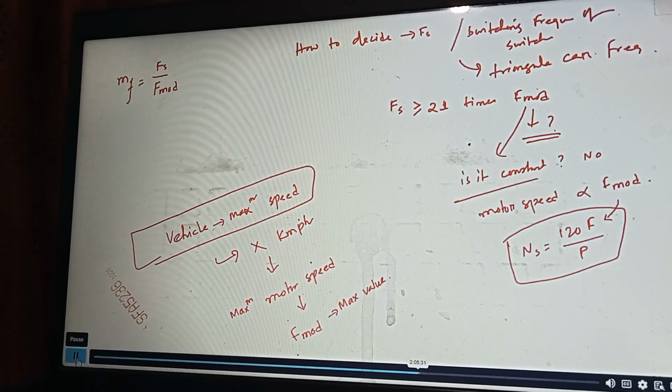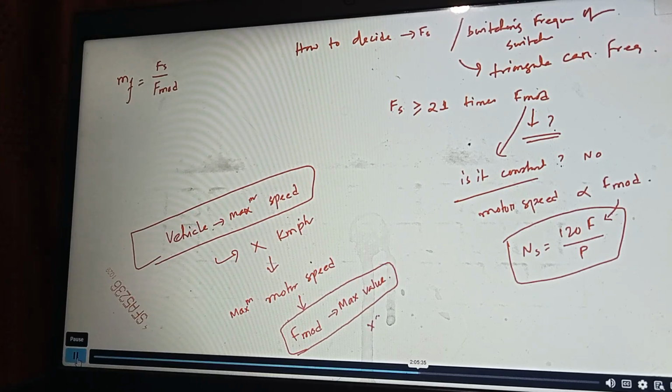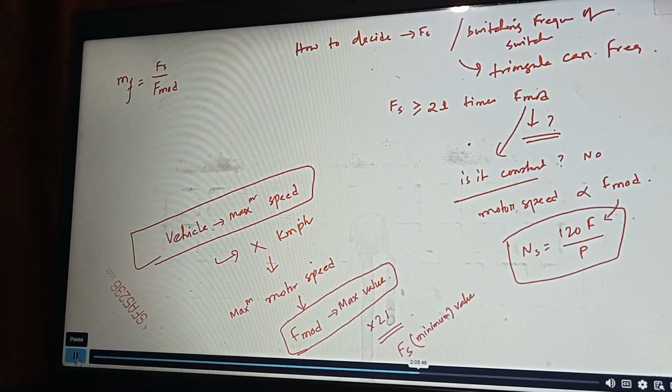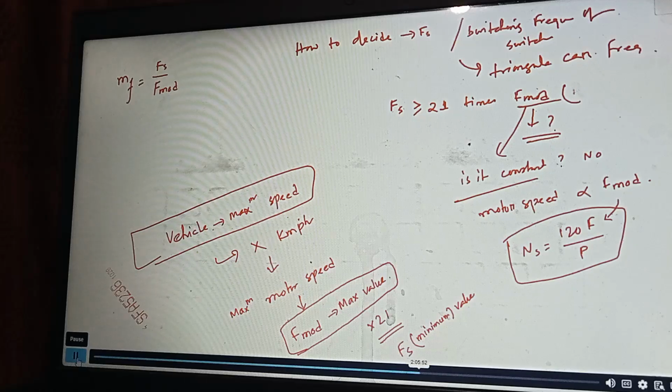So if I know my F modulating max value, I'm going to multiply it by 21 at least. That will be my Fs minimum value, because I want Fs to be at least 21 times the F modulating signal at its maximum value.